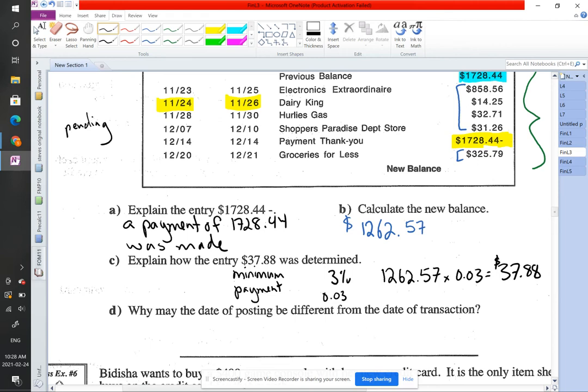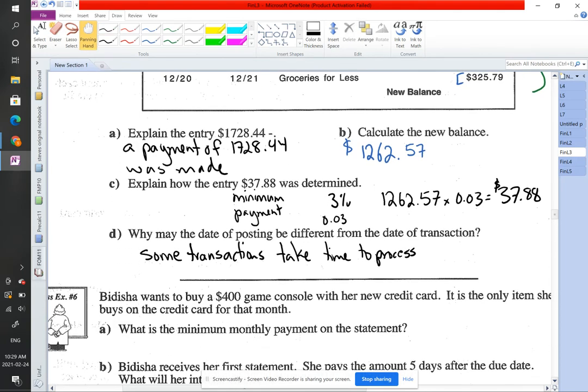And that is just the transactions take some time to process. So when I see pending, I know it's not charged. My actual balance doesn't incorporate that. So you just got to be aware of that. So some transactions take time to process. It's all digital and it all takes a little bit of time.